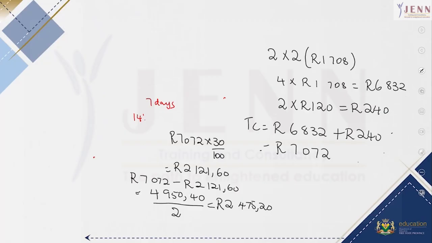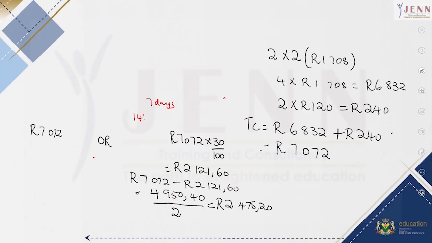While I'm still there, I want to introduce this principle because I believe it also works for me, because we can work with that everywhere. So I'm going to use another method. The total amount of 7,072 rand is 100% of the cost.